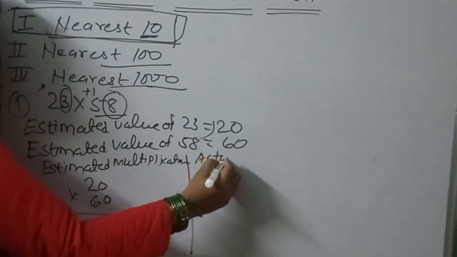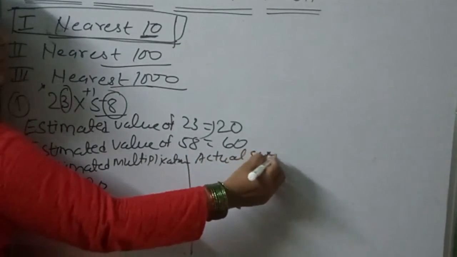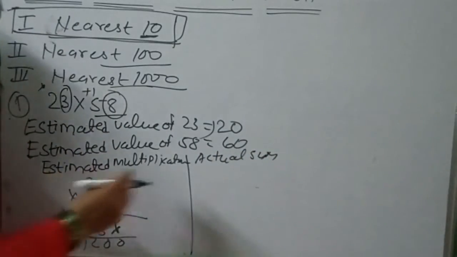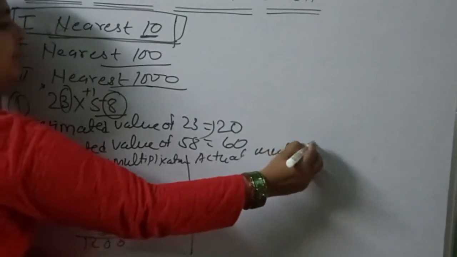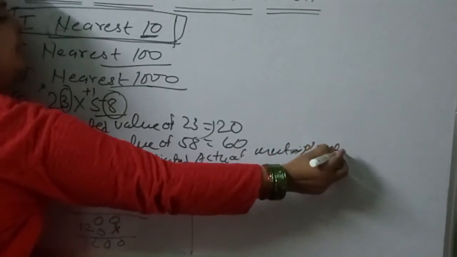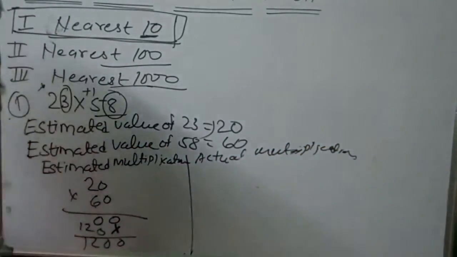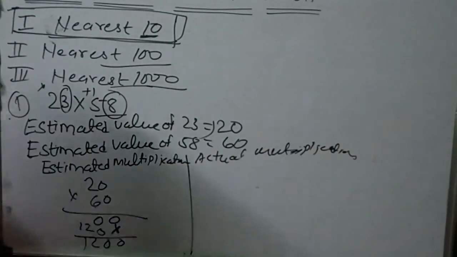Afterwards, what do we have to do? We have to find the actual multiplication. Now see here.